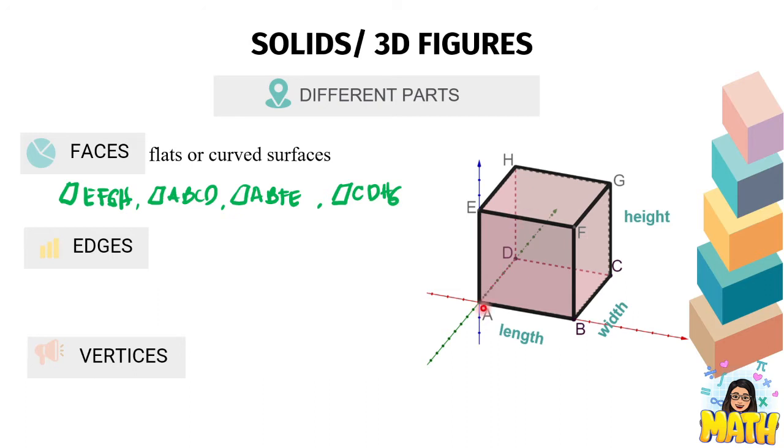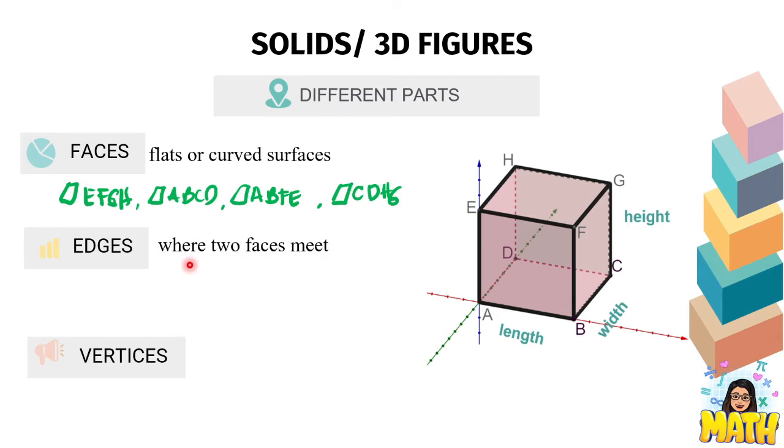We also have the left and right part of this figure, plane ADHE and plane BCGF. So itong 3D na ito ay may 6 faces, the top and bottom, front and back, and the left and right faces.